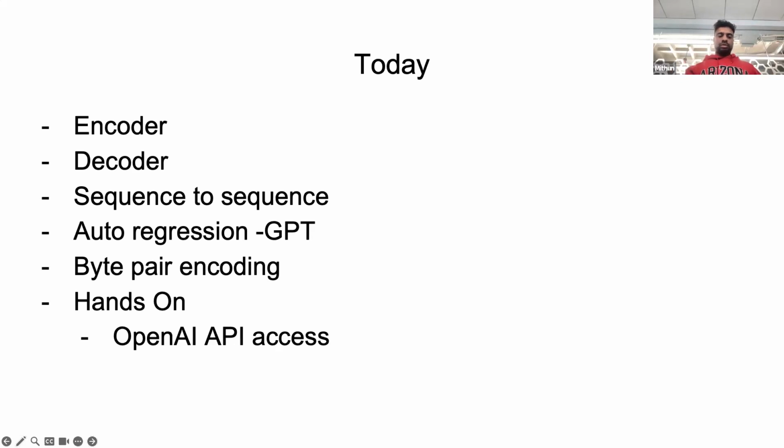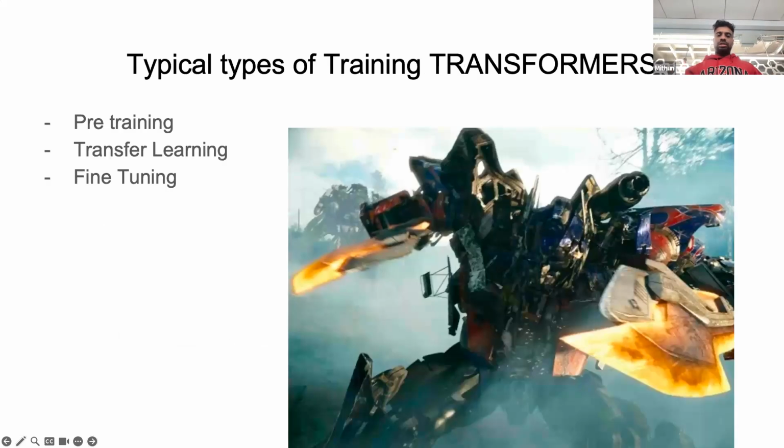So let's look at what we saw last time. With transformers, we saw there's a bunch of things we can do, like pre-training. At this point, you'll probably realize most of these mean the same thing, because pre-training is where we take a large transformer model and train it on something big and huge.